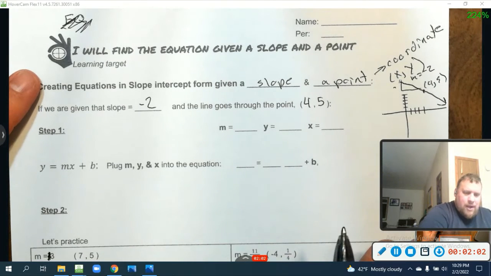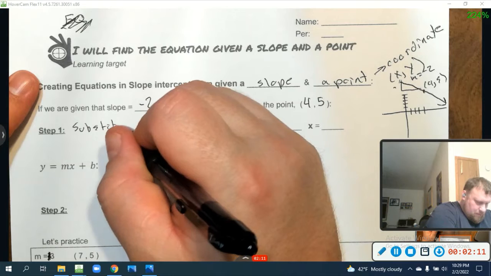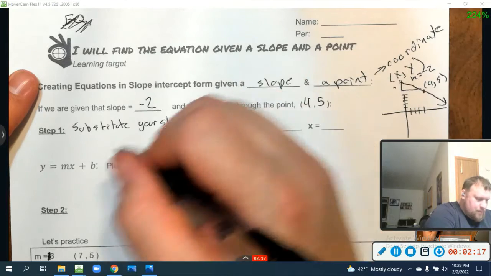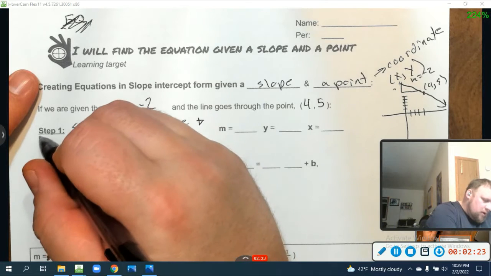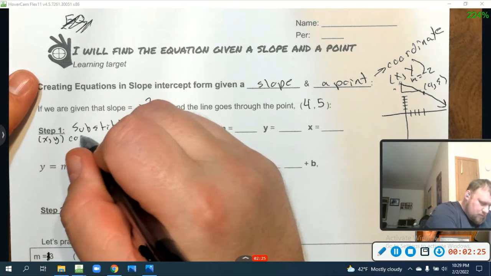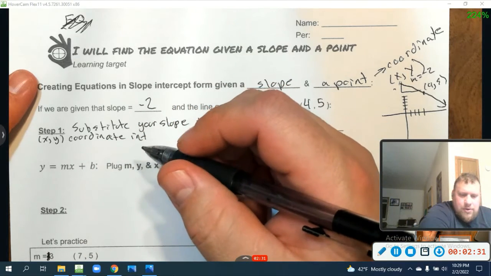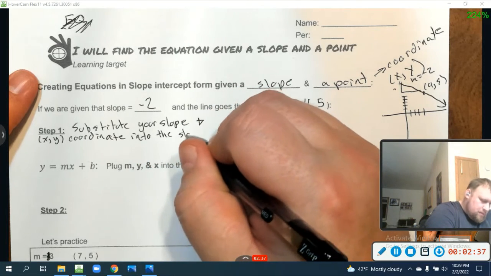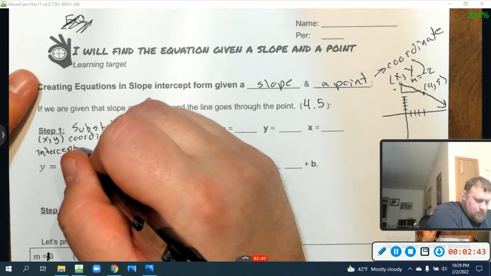So step 1 is this. Substitute your slope and coordinate into the slope-intercept equation. So let's write that down. Substitute your slope and xy coordinate into the given equation, or into the slope-intercept equation, and solve for b.